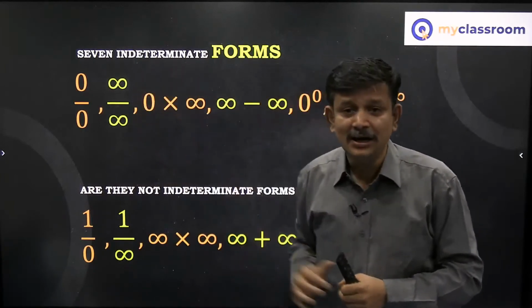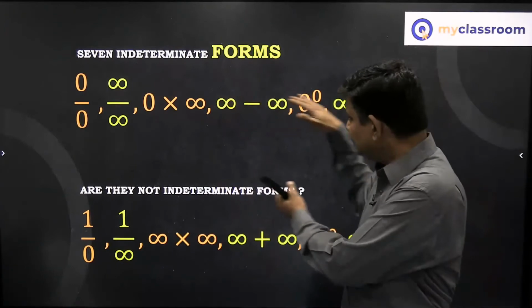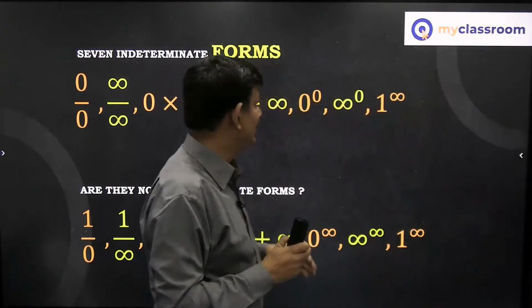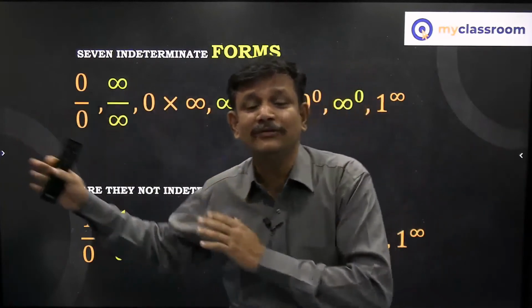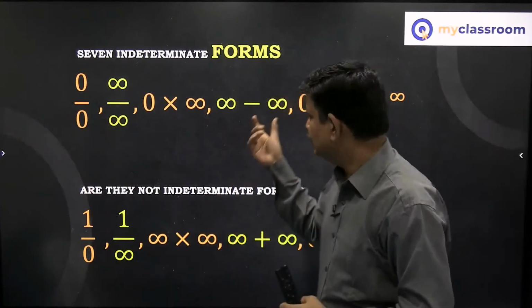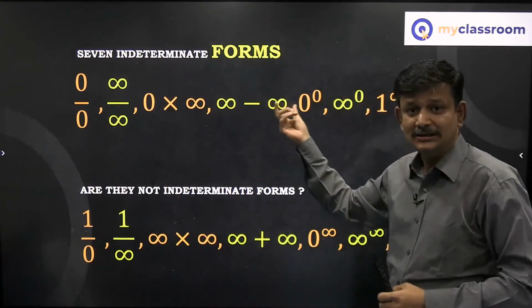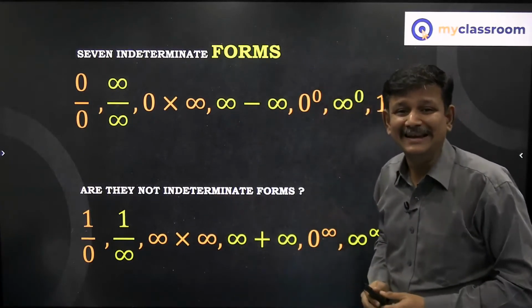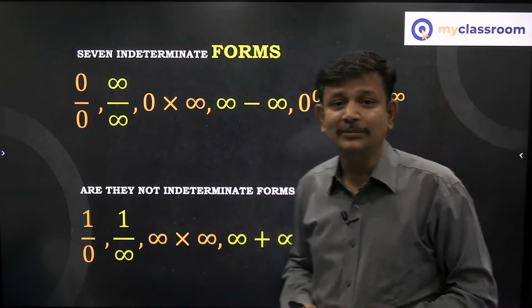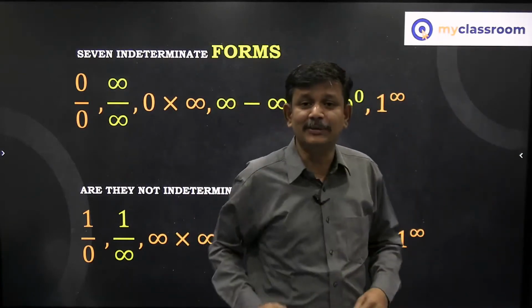So again, this is an indeterminate form. Infinity minus infinity, a large number you are subtracting from another large number. Unless you know which of the two is larger, you cannot even say whether the answer is going to be positive or negative. So this is again an indeterminate form. So these are the only 7 indeterminate forms.